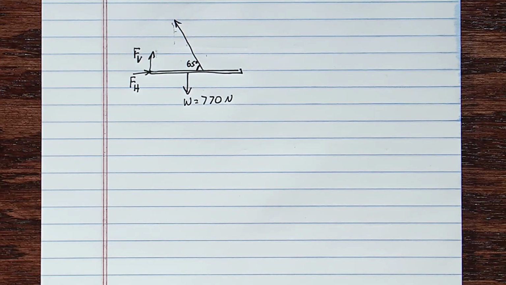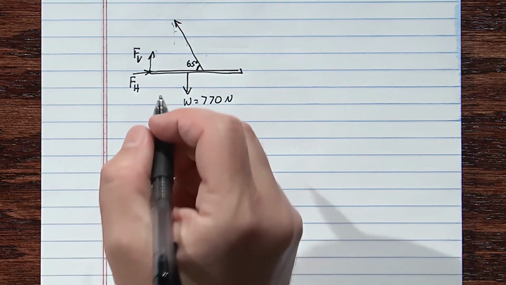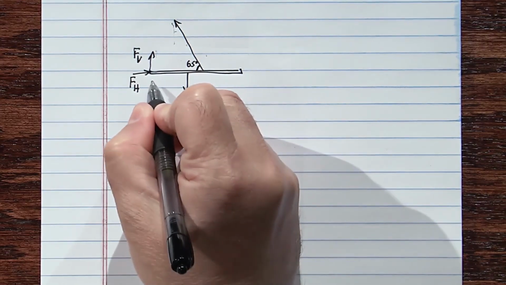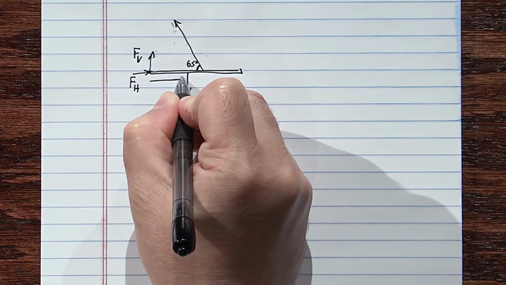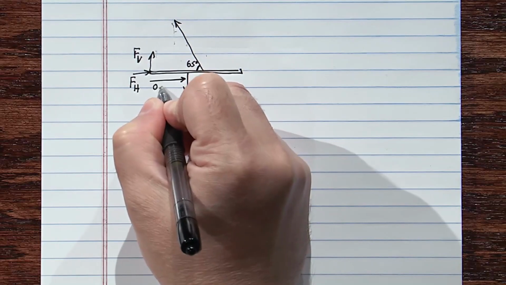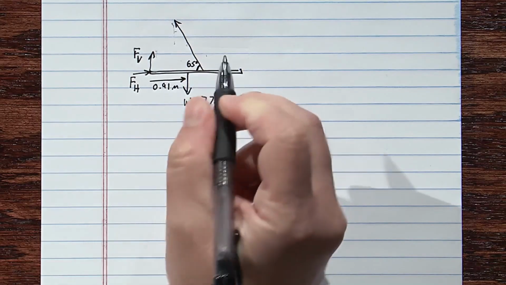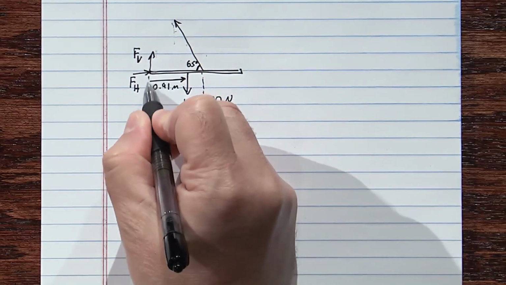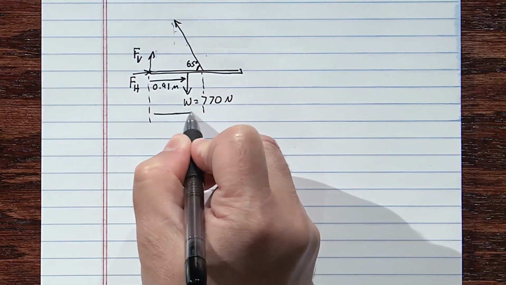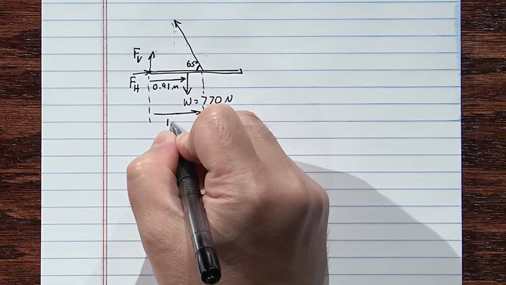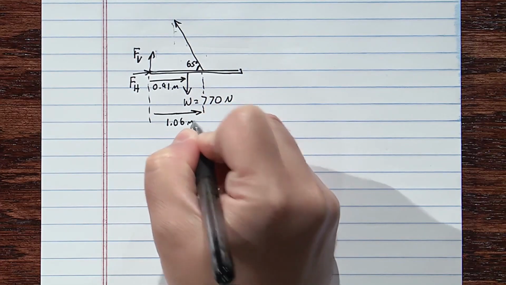Okay, and we also have to note how far these forces are from the wall. His weight, or his center of gravity, is 0.91 meters away from the wall, and the rope is attached 1.06 meters away from the wall.